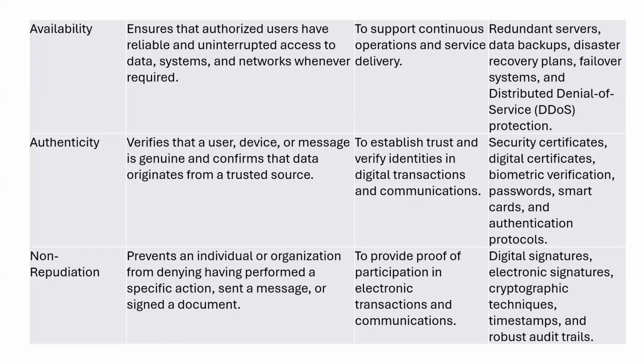So somebody says, I haven't sent any money from my mobile money, and yet the amount of my mobile money is gone. Who did this? So there must be measures put in place to ensure that you are the only one that can send money from your mobile app or wallet. So that is non-repudiation.